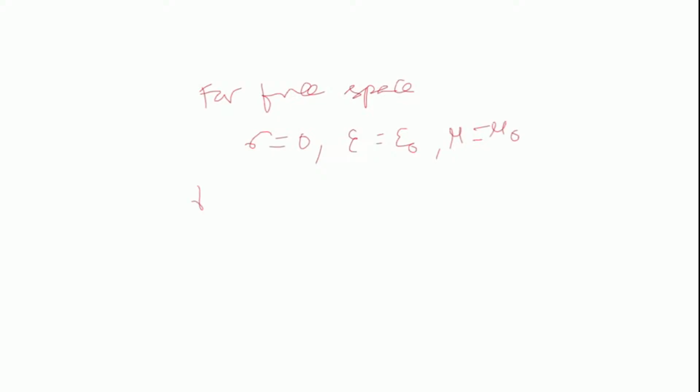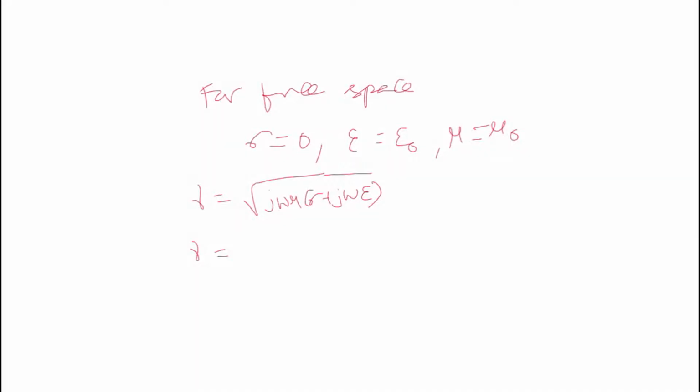Let us write gamma. Gamma equals under root j omega mu into sigma plus j omega epsilon. Substitute sigma as 0, mu as mu naught and epsilon as epsilon naught. Then you will get gamma as under root j square omega square mu naught epsilon naught, and it is alpha plus j beta.